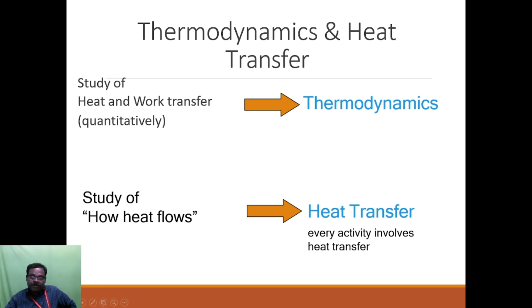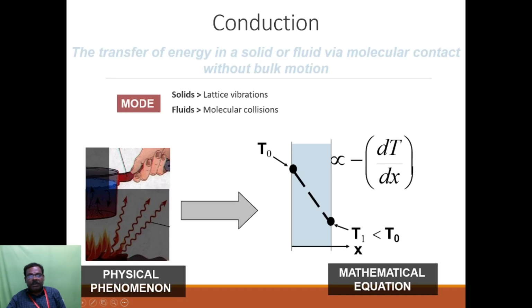You have different modes of heat transfer. You don't say types of heat transfer, it's modes of heat transfer. You have three different modes: one is conduction, another is convection, and the third is radiation. So we will see them one by one.